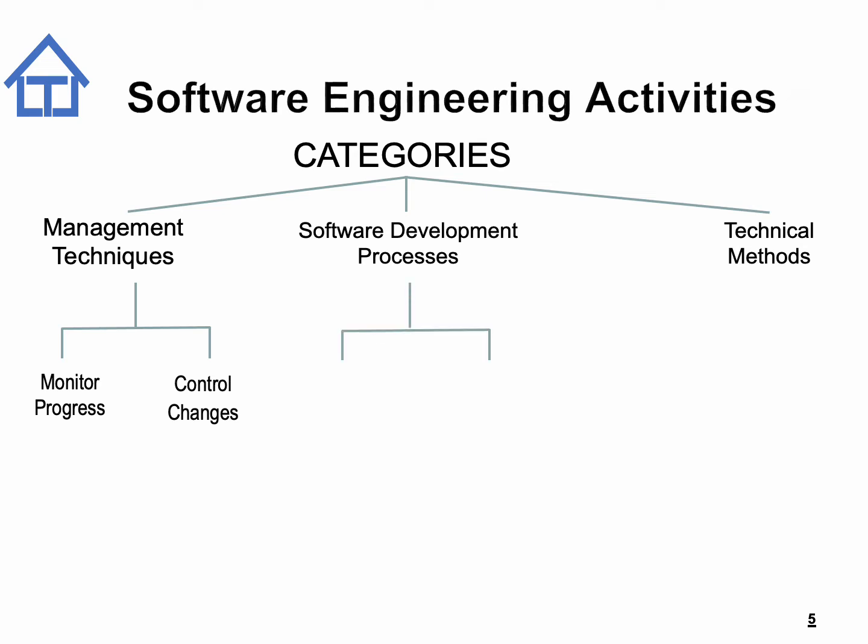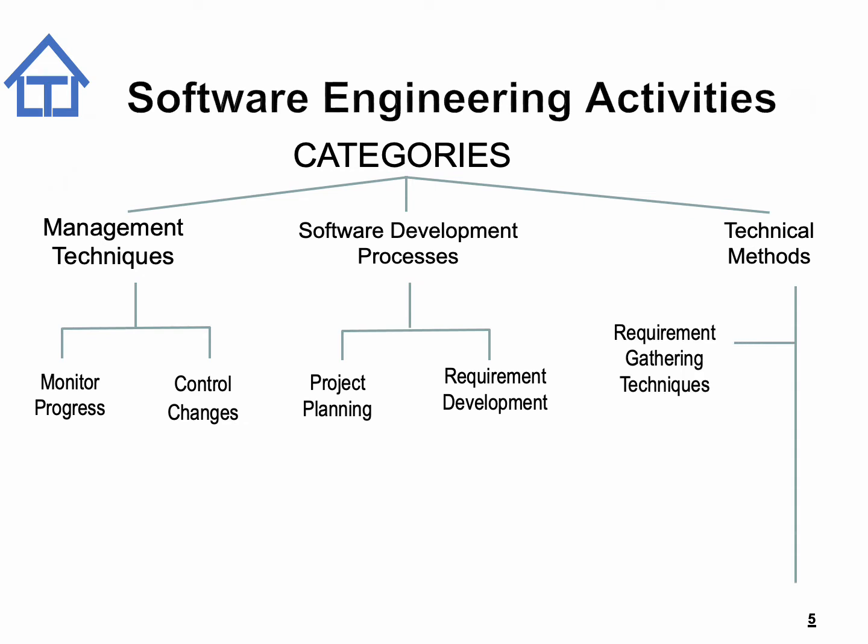And the activities classified under software development processes mainly focused on project planning and requirement development. And technical methods focus on requirement gathering techniques, object-oriented analysis and design, testing, and coding. And in this series of lectures, under object-oriented analysis and design, we'll be focusing on UML modeling.